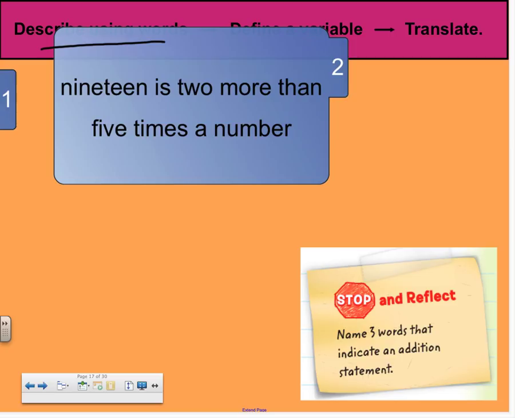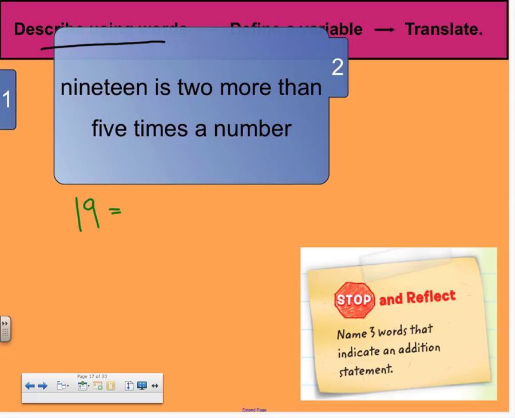19 is, so that's the easy part, right? 2 more than 5 times a number. Who would like to take a shot? Well, 19 is. What are we going to do for is?